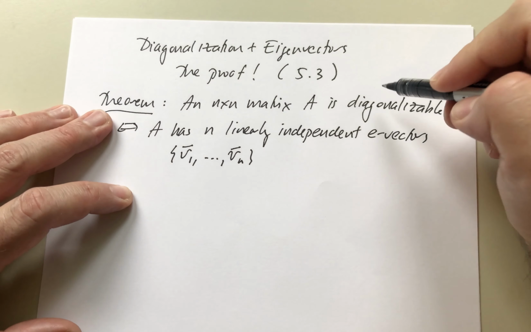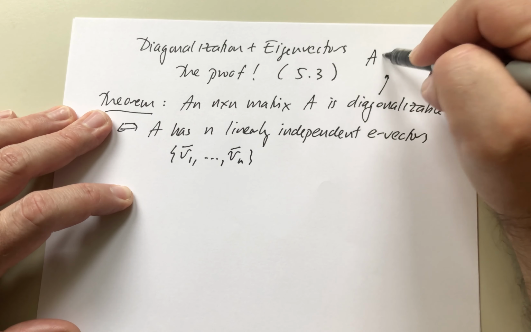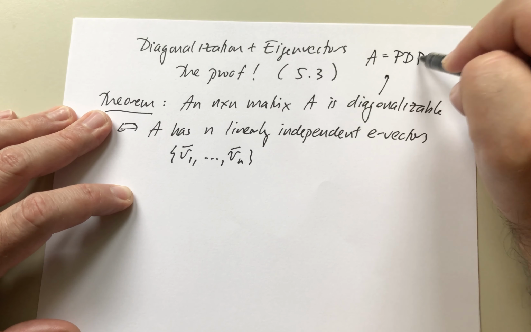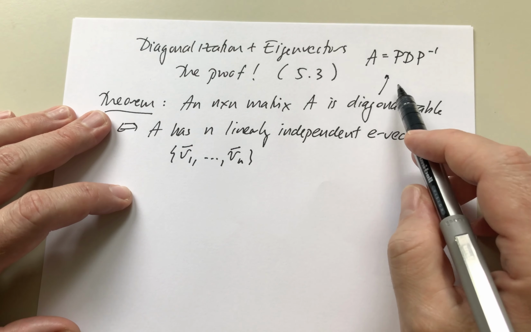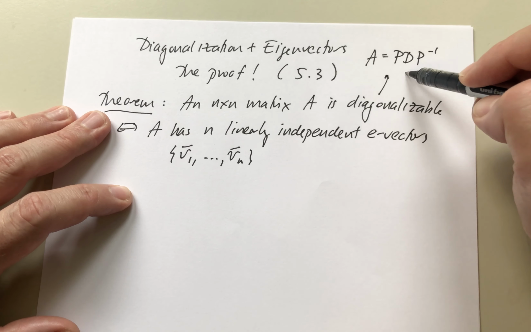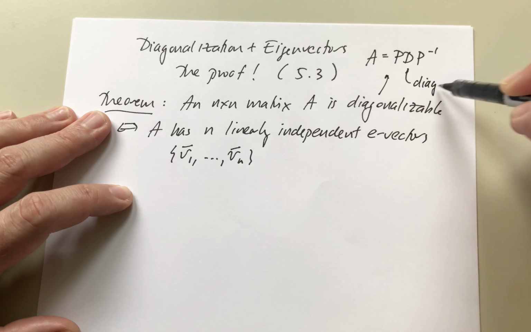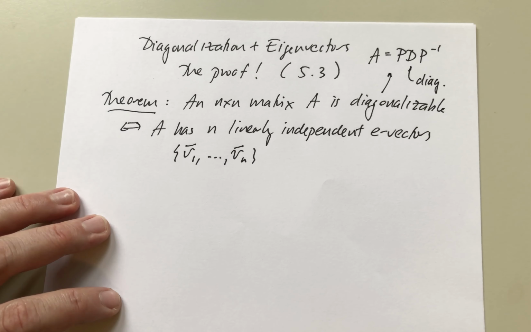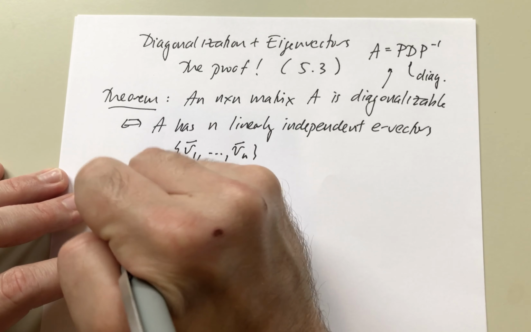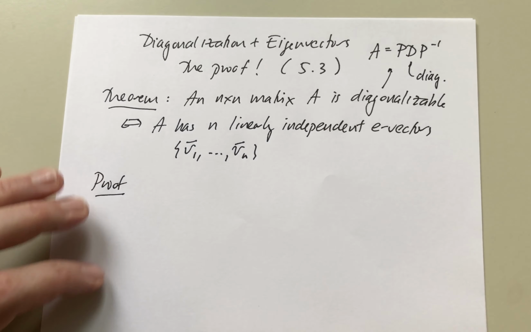Now remember that diagonalizable means that A equals P times D times P inverse, for an invertible matrix P and a diagonal matrix D. So let me give you at least the idea of a proof.